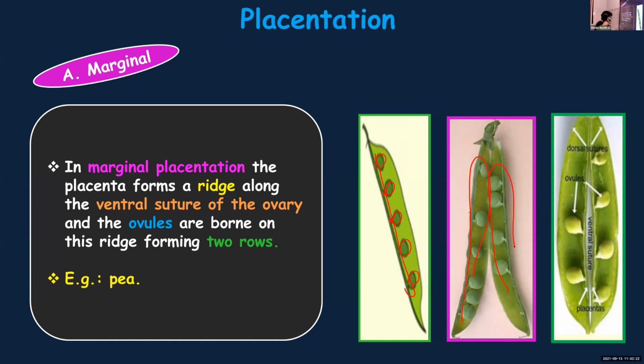A typical example for marginal placentation is the pea plant. In the ovary of pea, you can see ovules arranged in this particular pattern, that is marginal placentation.